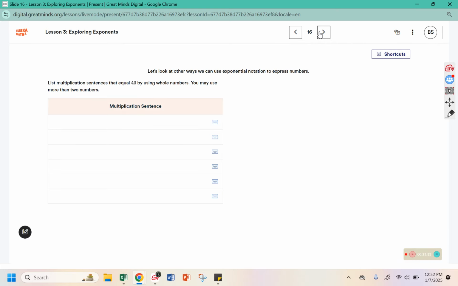Let's look at other ways we can use exponential notation to express numbers. List multiplication sentences that equal 40 by using whole numbers. You may use more than 2 numbers.